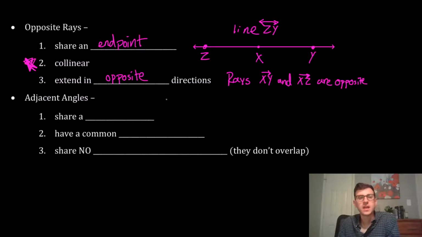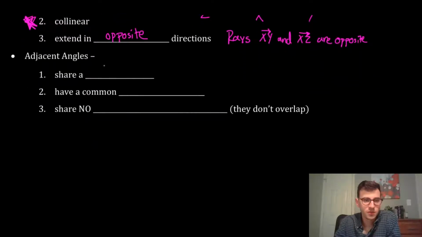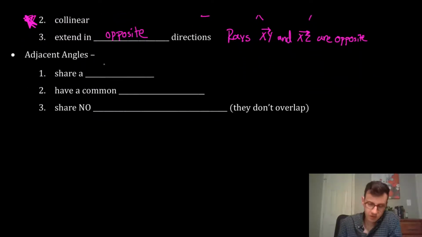What about adjacent angles? Okay, adjacent angles are angles that share a vertex, and they have a common ray.